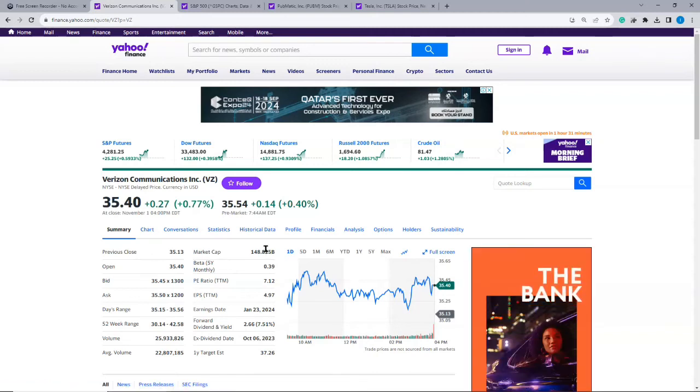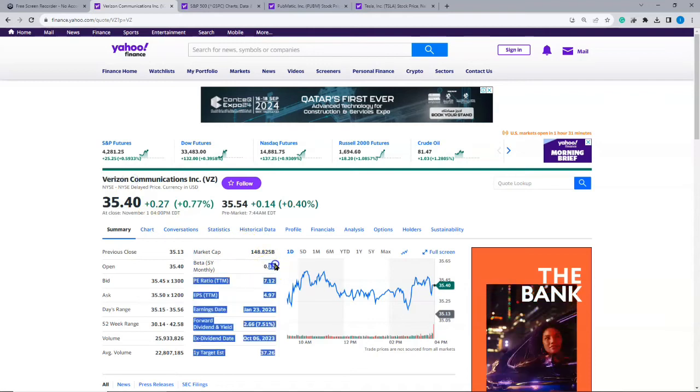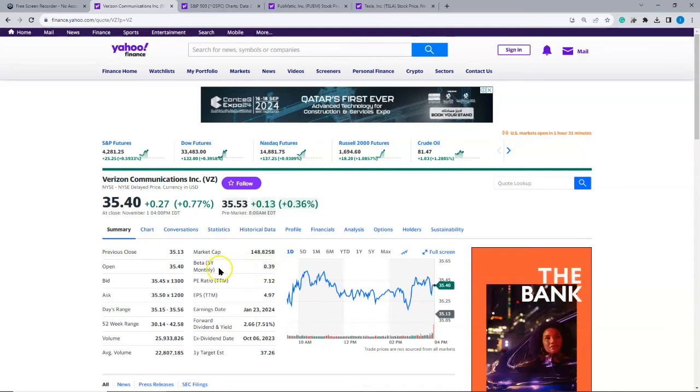So if the market changed 10% overall, we expect on average Verizon to move 3.9% instead of 10% like the market. So this is a very mature company, very stable.